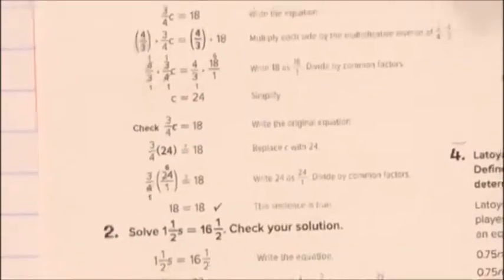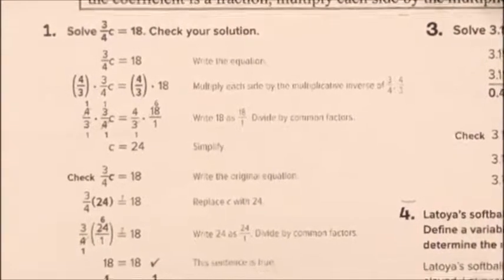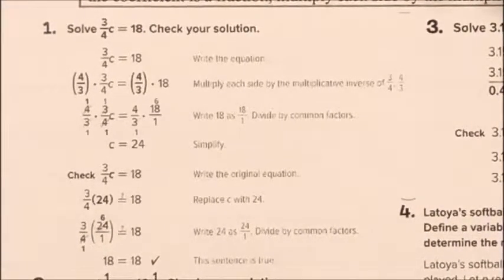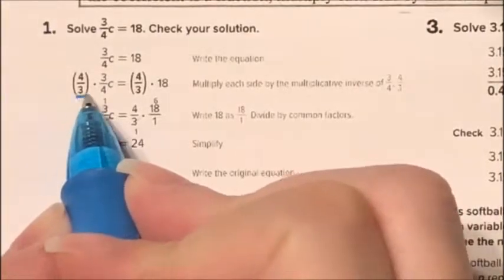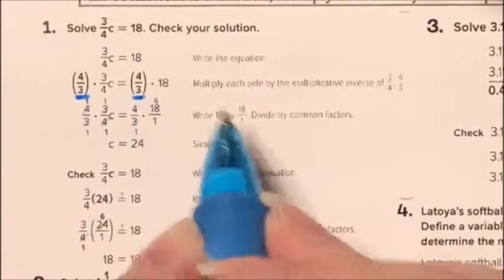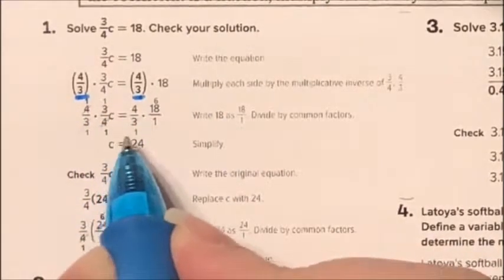So let's look at some examples. Example number 1, okay? So it says solve 3/4 C equals 18, check your solution. So again, I multiplied by my reciprocal, 4/3. I multiplied both sides, okay?